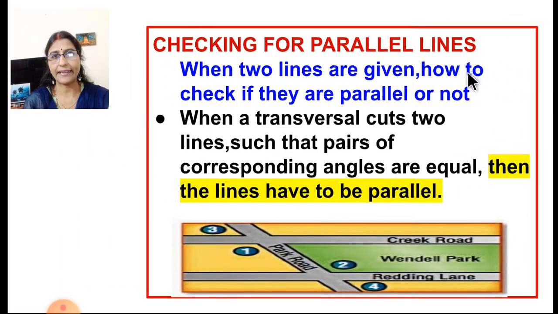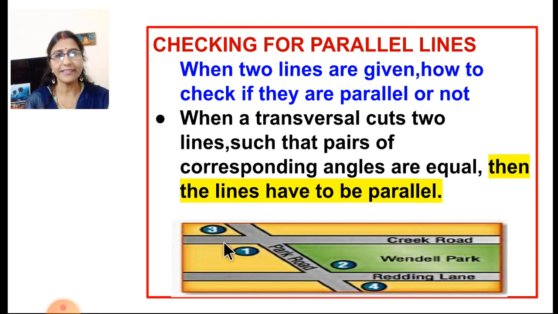Checking for parallel lines. When two lines are given, how to check if they are parallel or not? When a transversal cuts two lines such that pairs of corresponding angles are equal, then the lines have to be parallel. This is a picture of a road map.